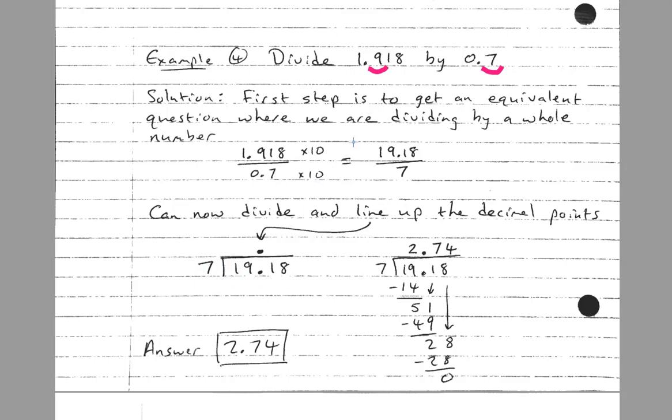And the point of that first step is, yeah, if you're dividing by a whole number, then the decimal points line up when you're doing the division. Okay. So the decimal point in the answer, it's just going to go above that decimal point in the 19.18.